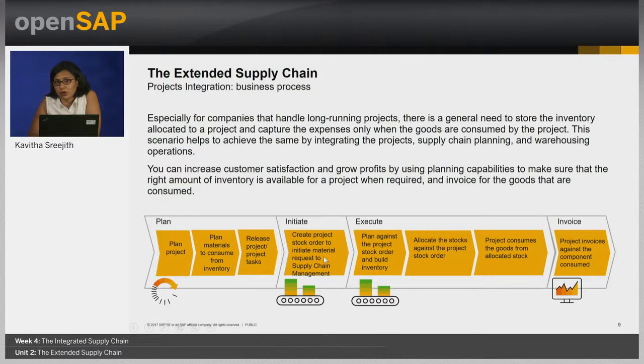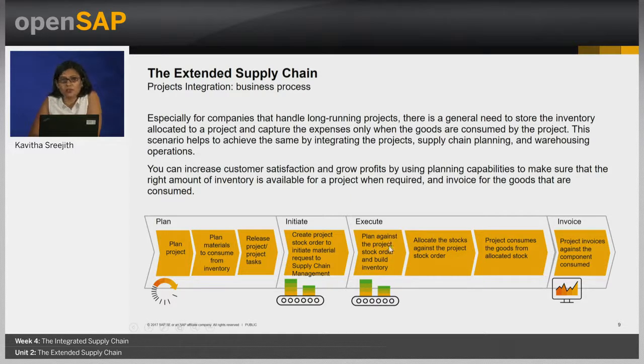The project stock order is a document where we capture the demand for materials originating out of the project. You can also specify how you would like the fulfillment to happen, whether consumption at site is needed or you would do so via outbound deliveries on pickup or pre-delivery mode.